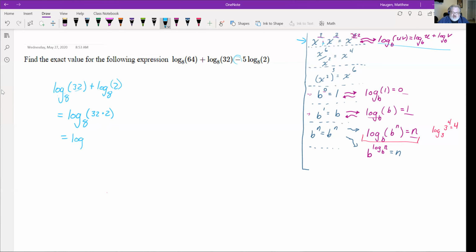So that's the log of 32 times 2, which is 64. What's log base 8 of 64? 2. Made this problem that we couldn't really approach into a problem we could.